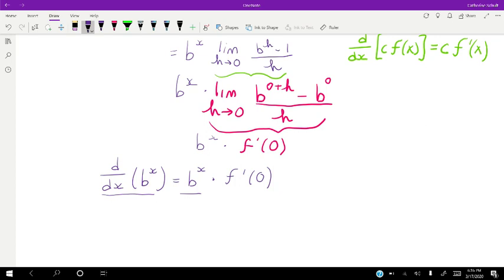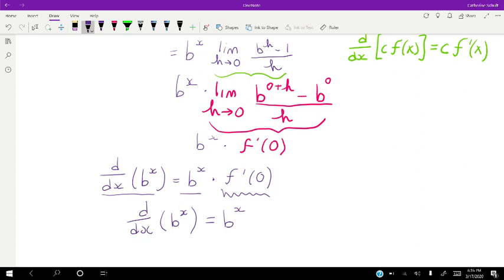That's crazy, we haven't seen that before. So we have to ask ourselves, what value of b would make the derivative at 0 equal to 1? The reason we choose 1 is that it would be the most straightforward way of going about it, if f prime of 0 is equal to 1.